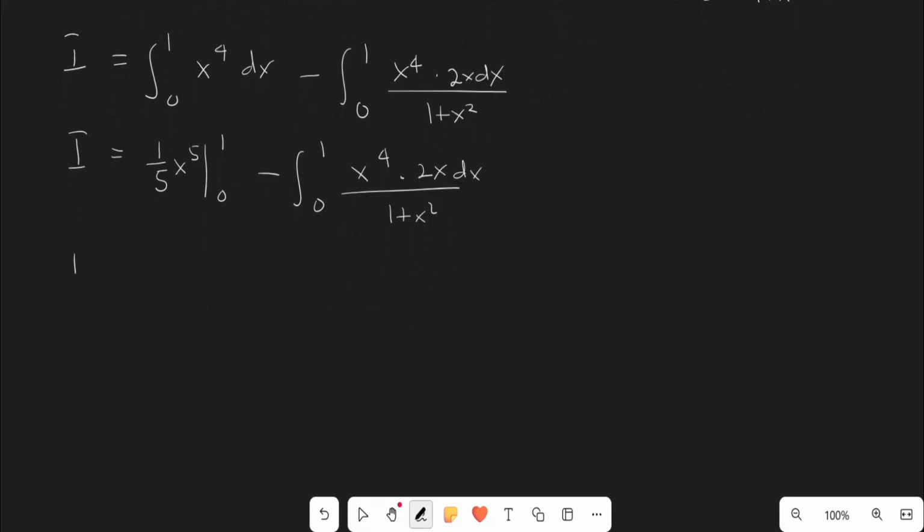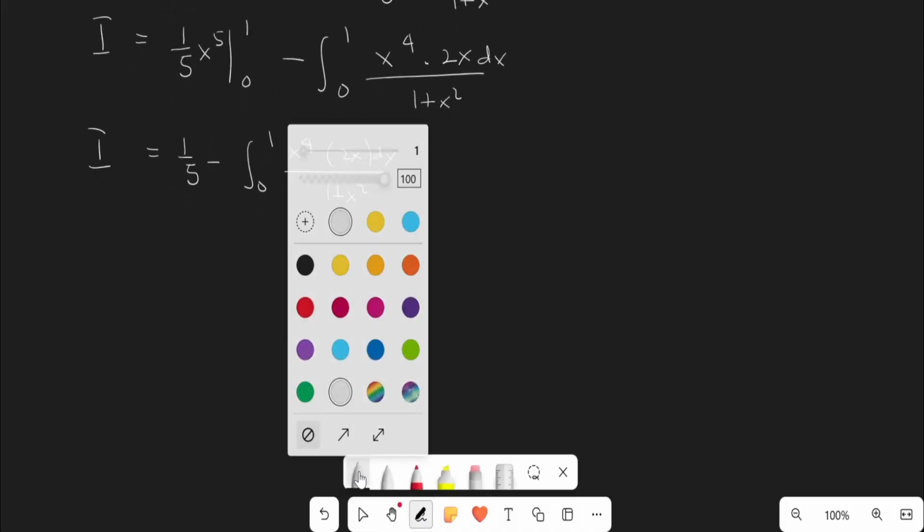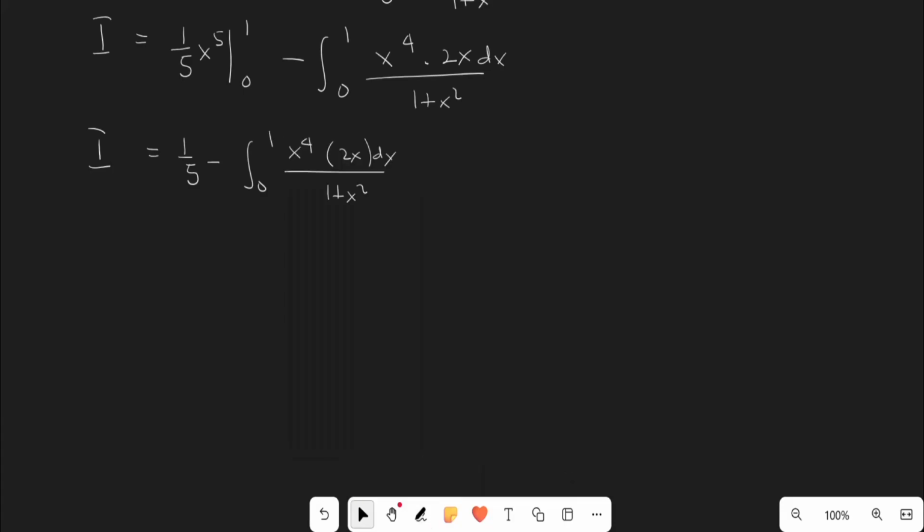This one, plugging in 1 is going to be 1 over 5, and plugging in 0 is going to be 0. So minus the integral from 0 to 1 of x raised to the power 4 times 2x dx divided by 1 plus x squared. And now for the second one, I'm going to do a u substitution.